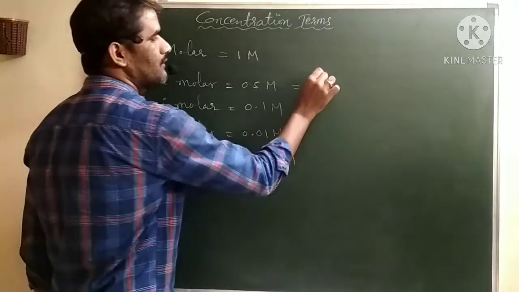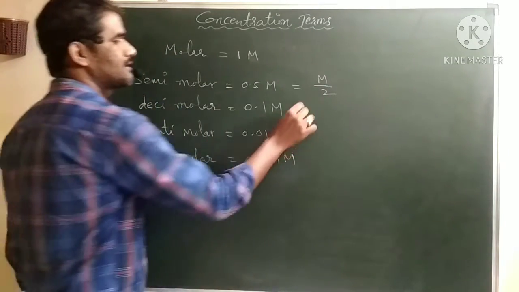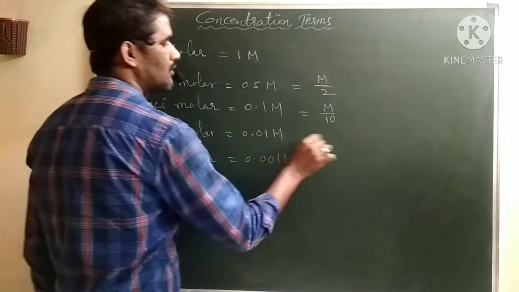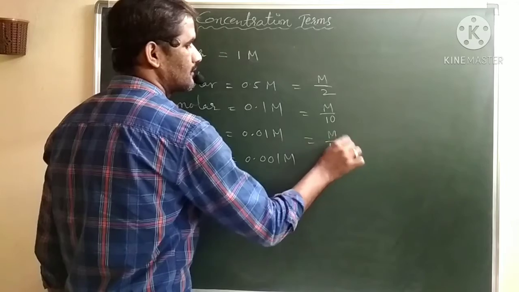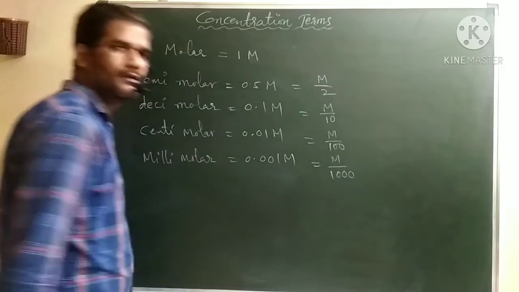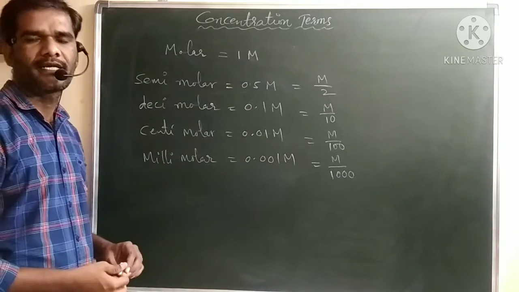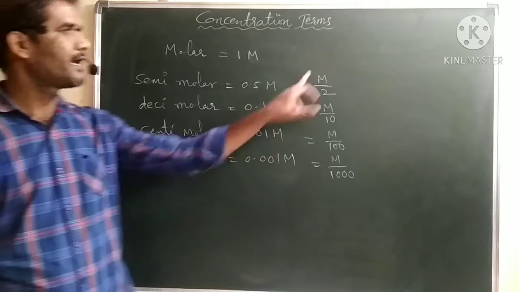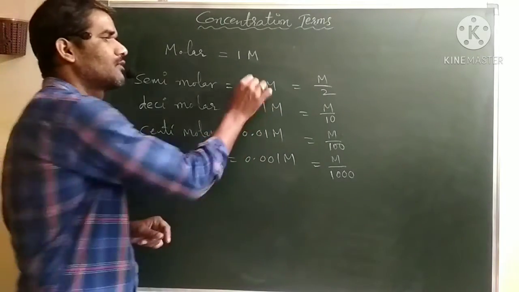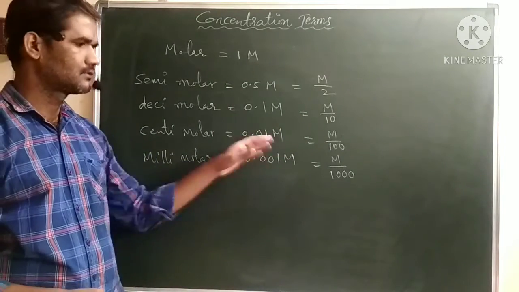This is semi-molar, we can write molarity by 2. And this is molarity by 10. And this is molarity by 100. And this is molarity by 1000. These are some terminologies we will use often in molarity calculations. If they give directly M by 2, it indicates it is semi-molar, the molarity is 0.5 molar. If they give M by 10 it means 0.1 molar. And so on.